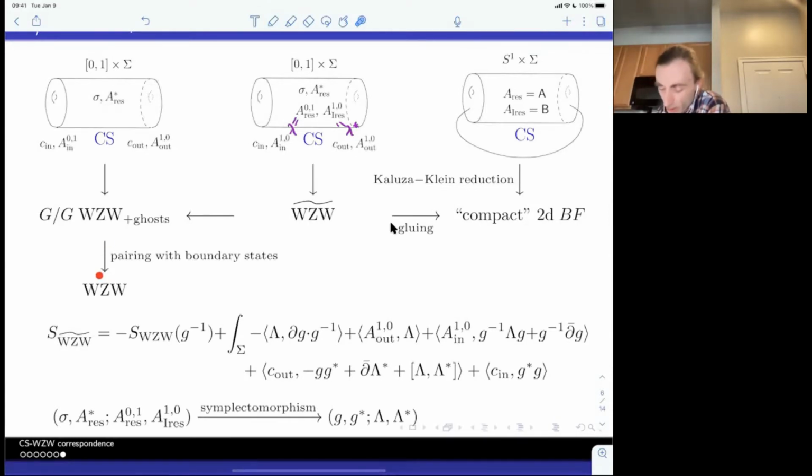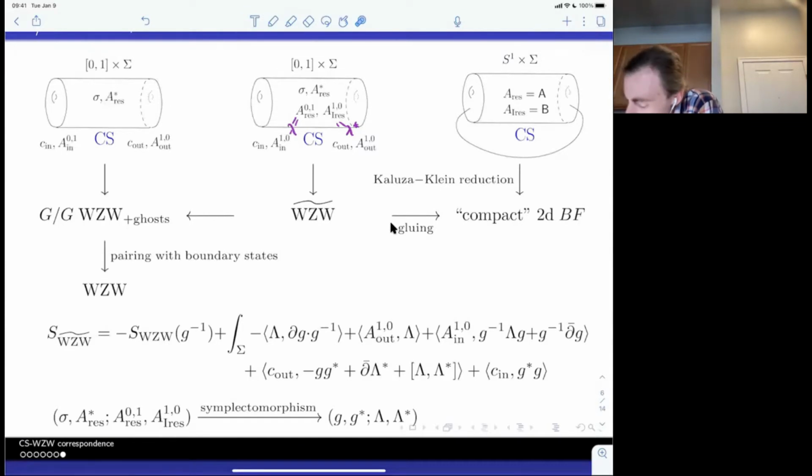You can pair it with particular boundary states, which just set those boundary fields to 0. So those are particular omega-closed boundary states. If you do that, you get the pure WZW, which, well, I don't really understand this word, but people say that this is the holographic counterpart of Chern-Simons.